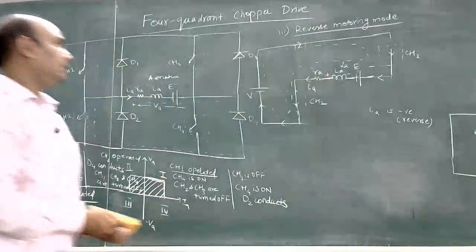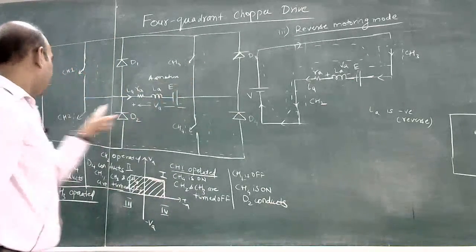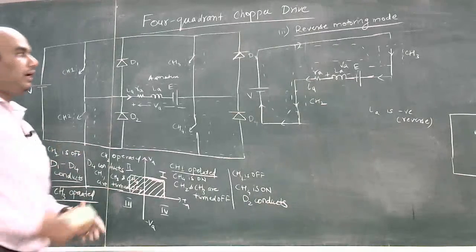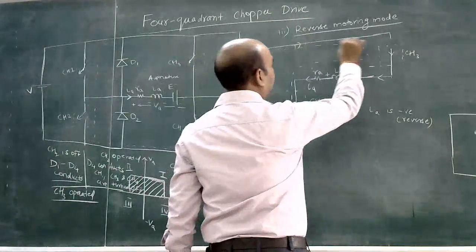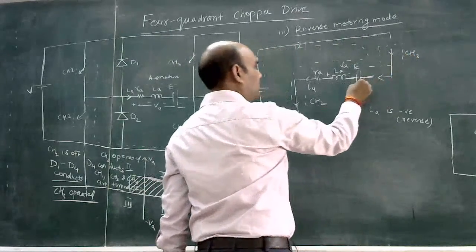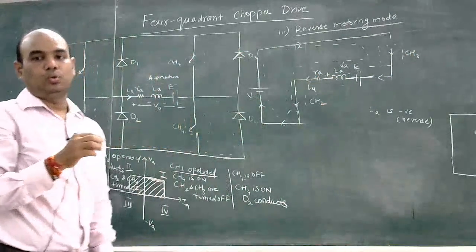This will be the case when CH3 is turned on and CH2 is turned on, and the current will flow from CH3, through the armature, CH4, and again back to B.